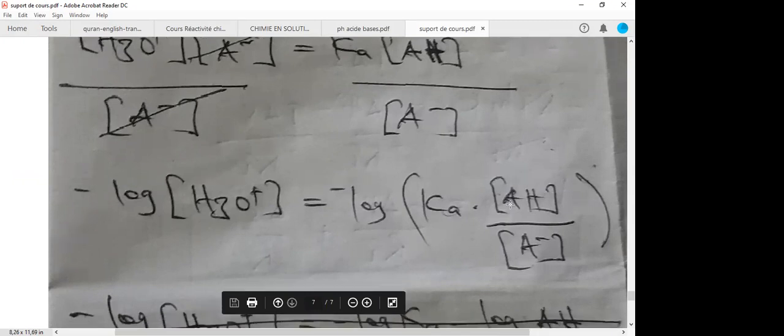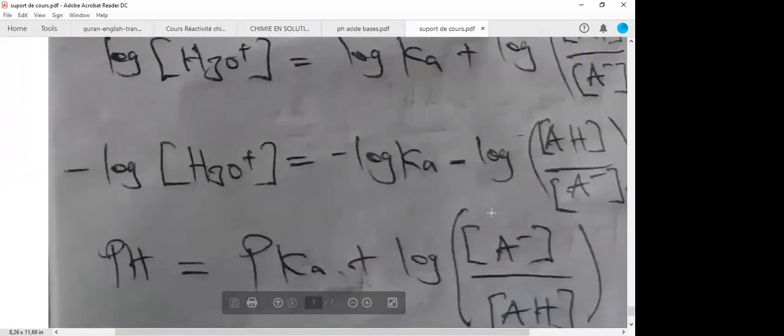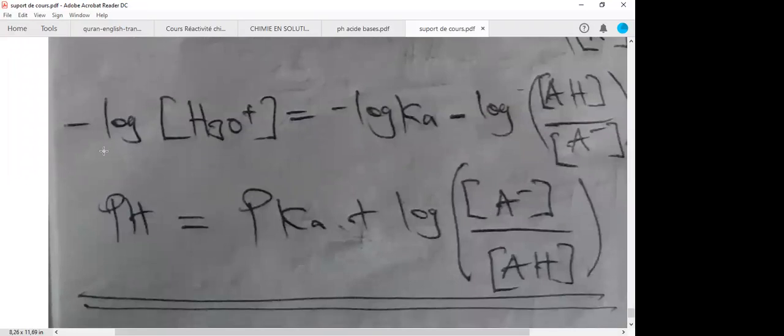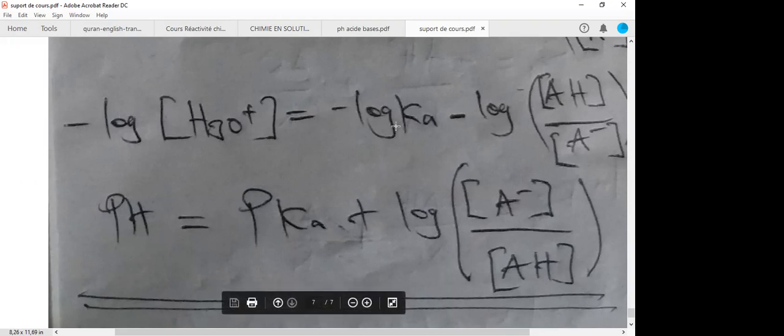Negative log of H3O plus is equal to negative log of Ka minus log of this fraction, RH, the acid over the base. So we have a minus. Then pH is equal to... what is negative log of Ka? From the definition, it is pKa. pKa is given by negative log of Ka.